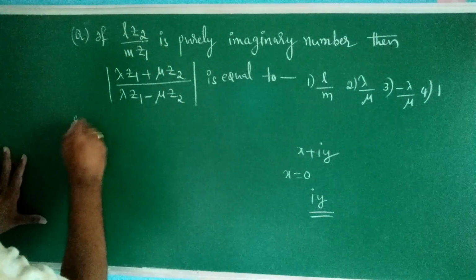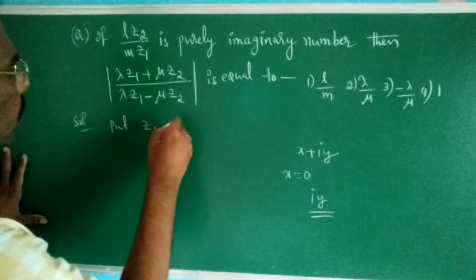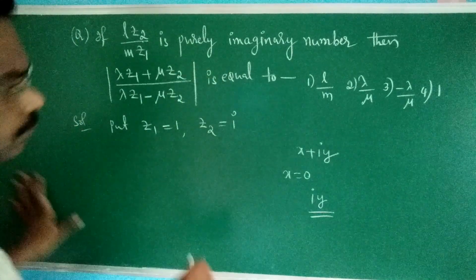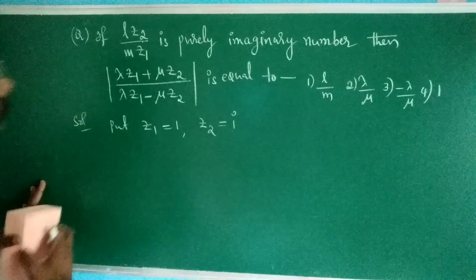Now here put Z1 is equal to 1 and Z2 is equal to i.